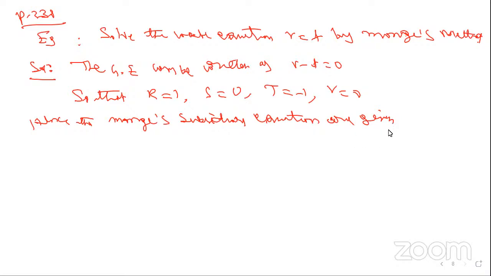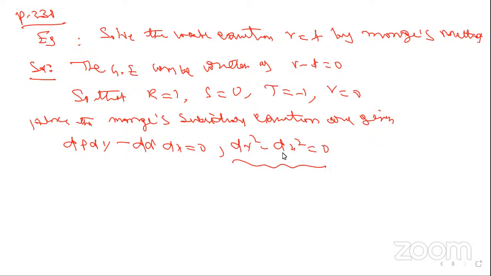So the equations are given. Subsidiary equations are given by dp dy minus dq dx equal to 0, dy square minus dx square equal to 0.